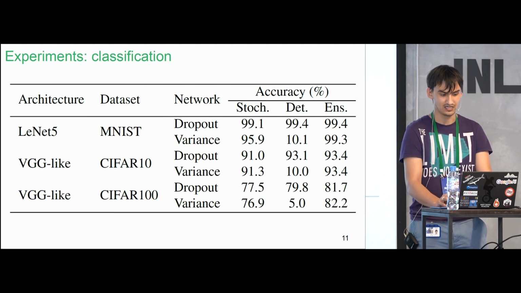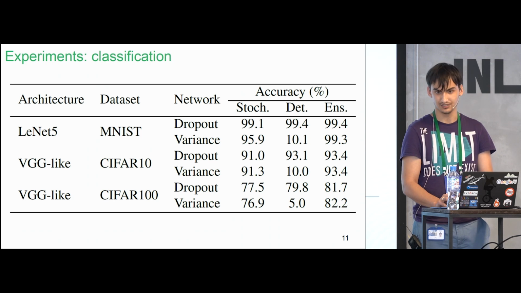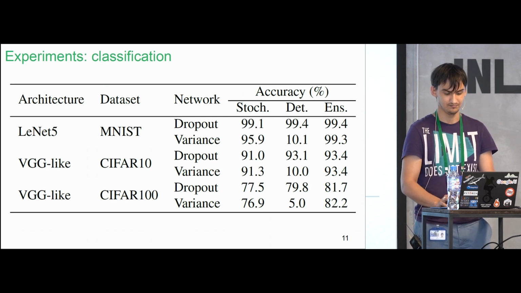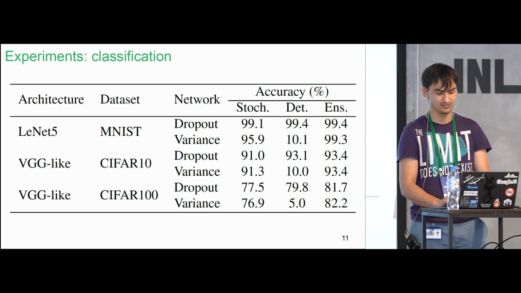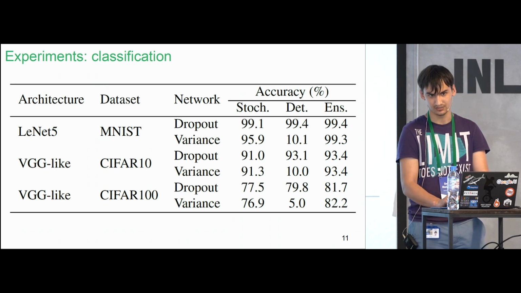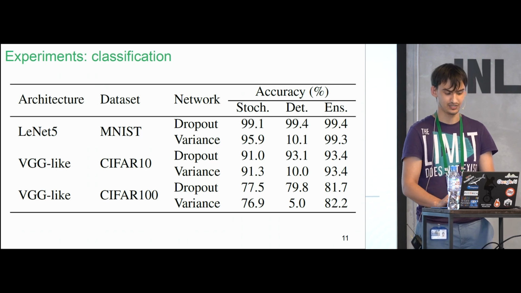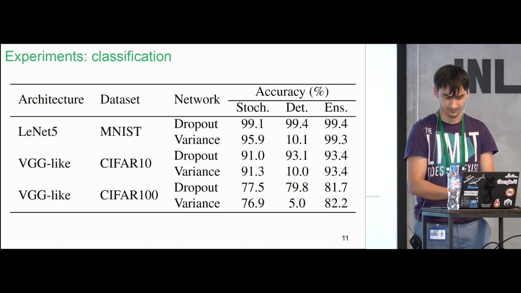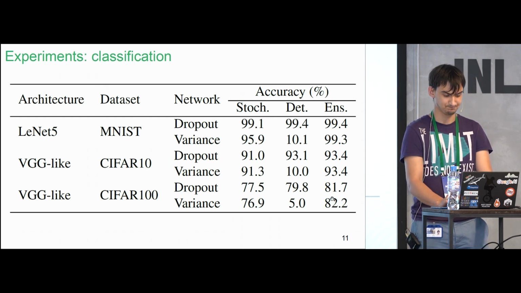And here are some classification results. As you can see, this variance network performs very similarly to a conventional dropout network, and we were able to scale it up to a VGG-like network on CIFAR-100 and obtain quite good accuracy there.